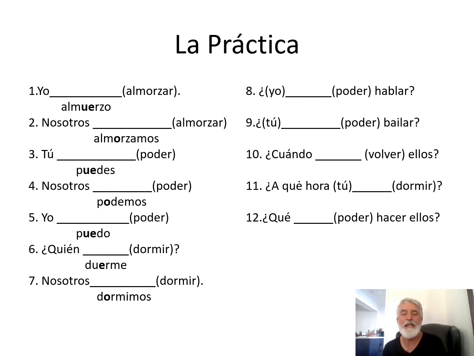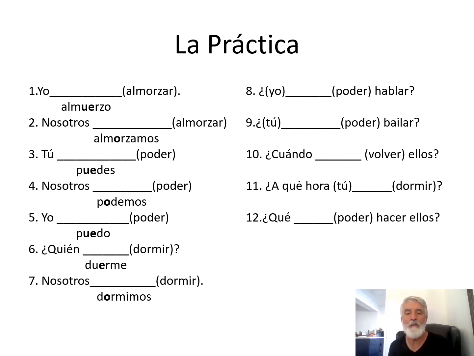Here the person is asking, can I speak? We can double up poder with verbs. We can use it with other verbs. It's often used with other verbs. Can I speak? Can I play? Can I run? So notice when you double up poder with another verb, you don't conjugate the second verb.